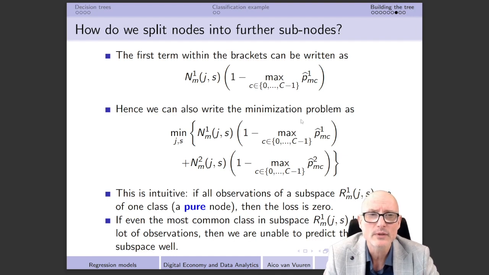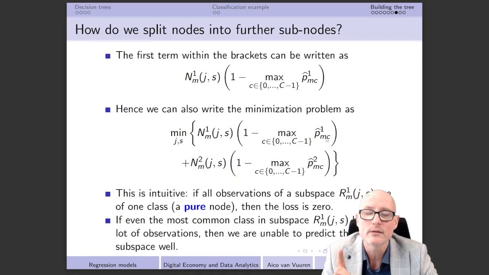Take into account that if there is only one class in a particular subspace, then all the P1 hat MCs are going to be equal to 0, apart from one P1 hat MC, because that one is going to be equal to 1. With this one class having 100% of the observations, this frequency becomes equal to 1.